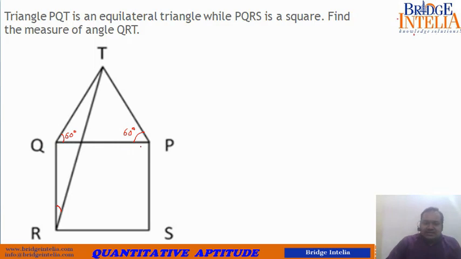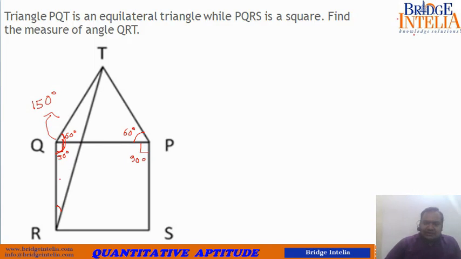So PQRS being a square means this must be 90 degrees, because each corner of a square subtends an angle of 90 degrees. So this is 90, this is 60. That means in total this angle is equal to how much? 150 degrees in total. So this is 150 degrees, and we have to find out this angle.